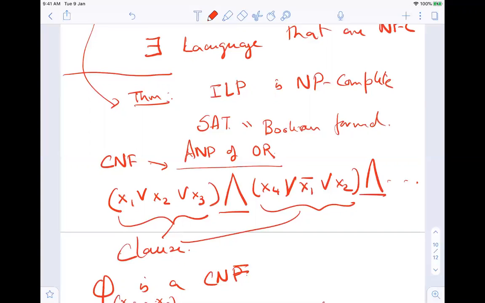And checking whether the Boolean formula is satisfiable is something like this: if you want to buy a computer or a gadget, a phone, you go to Amazon or some store and tell them, give me a phone with this hard disk or this, this space or this.